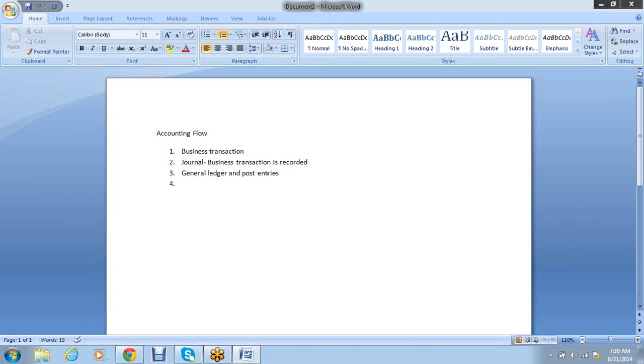After that, we prepare the trial balance, taking the balances from the general ledger. From the trial balance comes your P&L account, which is your profit and loss account, and at last your balance sheet. What's with the trial balance? If you could tell that again.